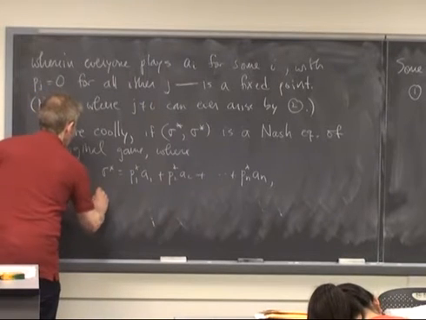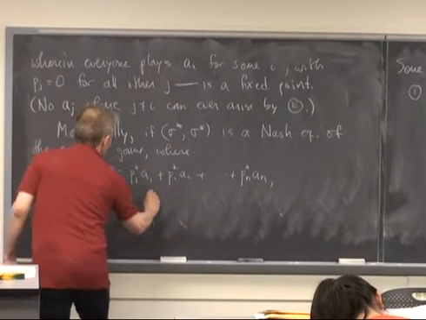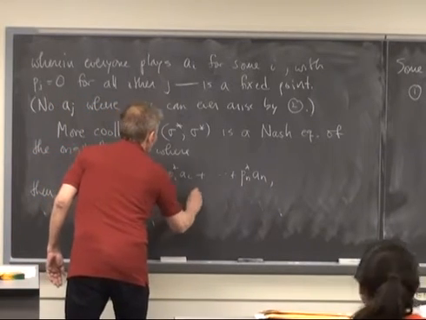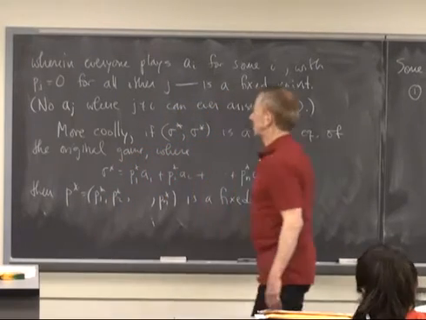P star equals, you can think of it as a vector if you want, P1 star, P2 star, and so on up to Pn star, is a fixed point of the replicator dynamics.